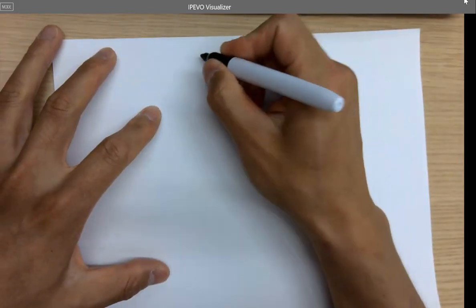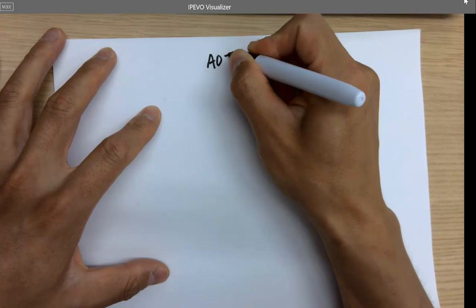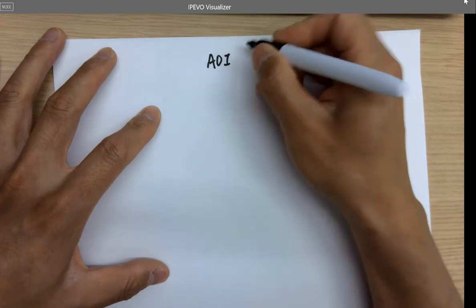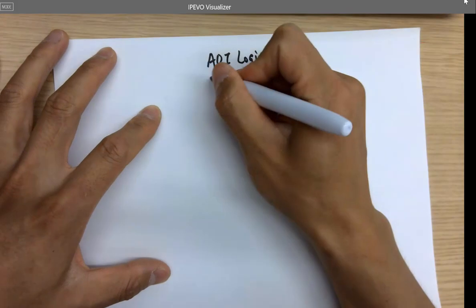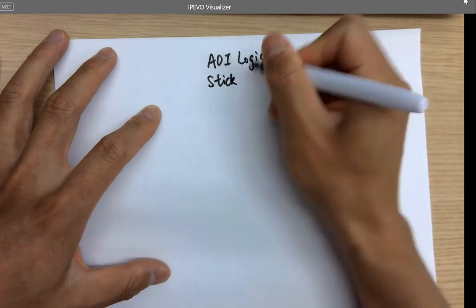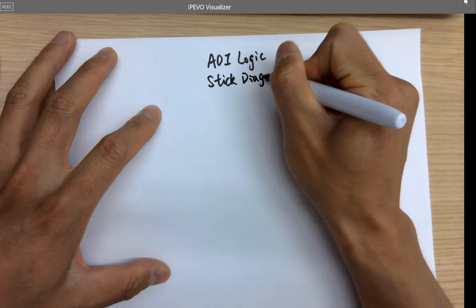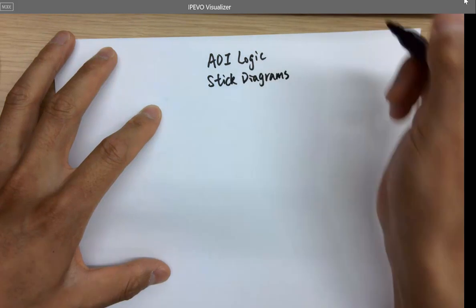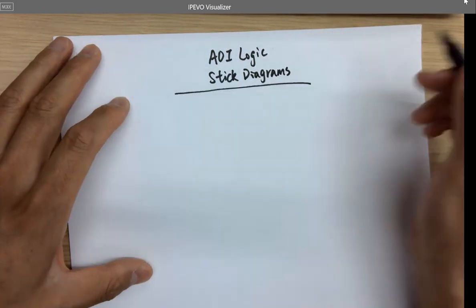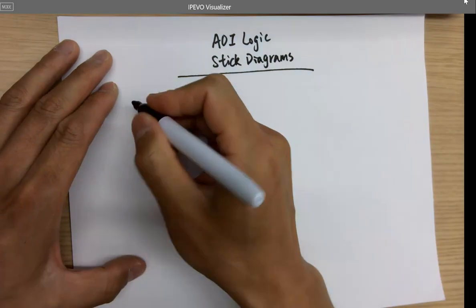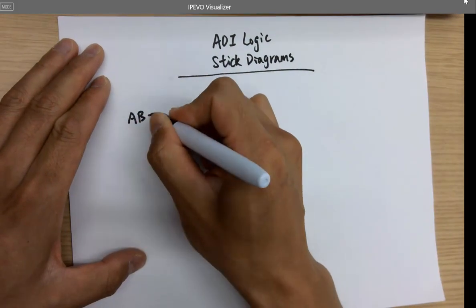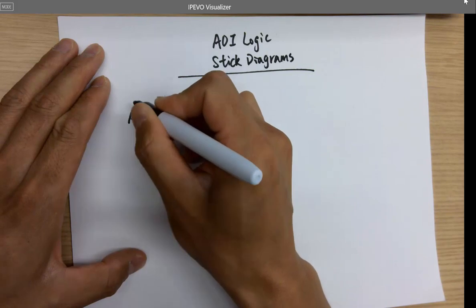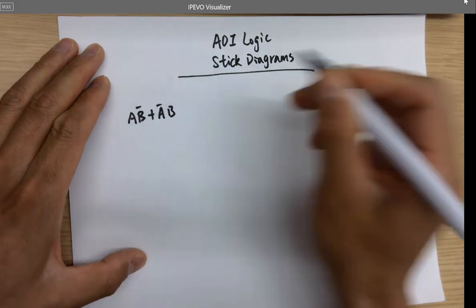So we'll keep going with AOI logic and/or invert logic and the stick diagrams. What is this logic?